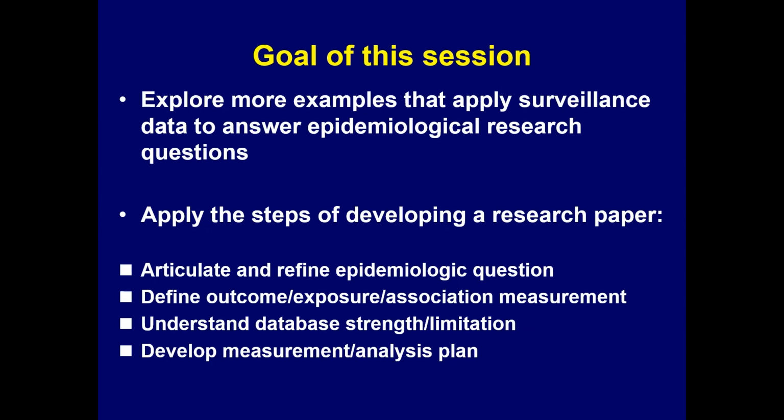We want to work through these examples by the steps of how to articulate and refine epidemiology questions, how to define outcome, exposure, and associative or descriptive measurements, how to understand the database's strengths and limitations to answer the question, and also how to develop your analysis plan, design your table shell, and choose visualization tools.